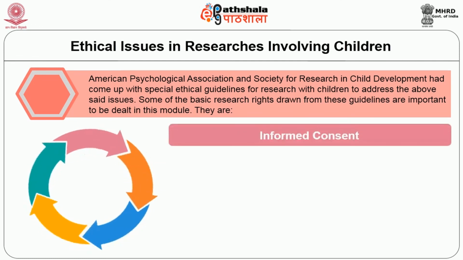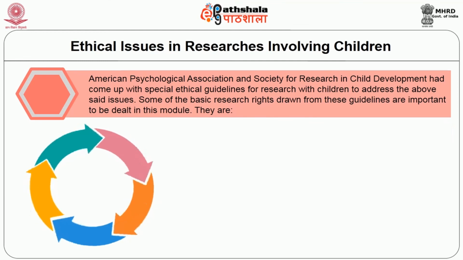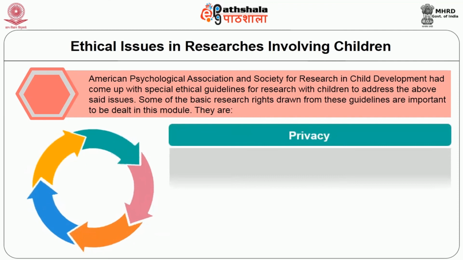Second is informed consent. Consent of significant others of the child subject, such as parents or school officials, should be obtained in writing. Moreover, in case of unwillingness after the consent, the child has a right to be freed from the research at any point of time of the research. Third is privacy.